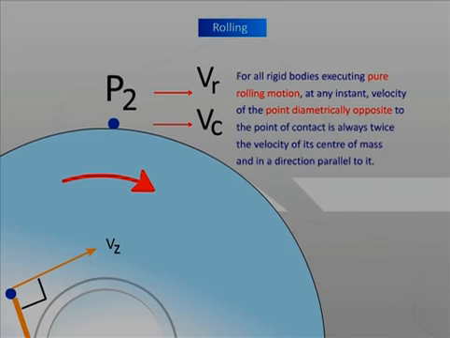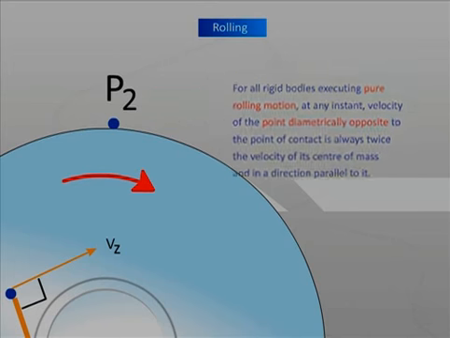Therefore, in pure rolling motion, the point which at any instant of time is diametrically opposite to the point of contact is always moving at a velocity twice that of the velocity of its center of mass and in a direction parallel to it.